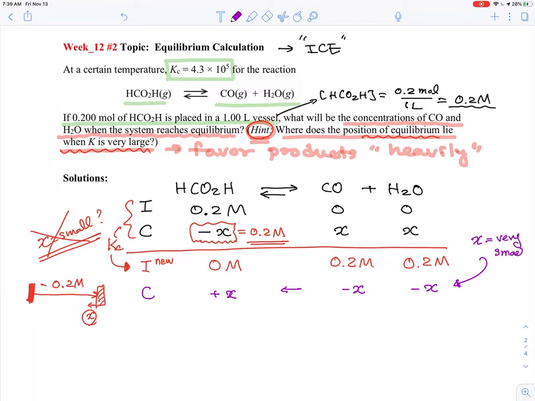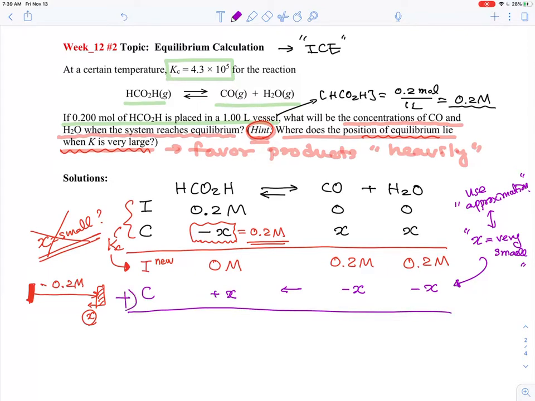When x is very small, we can use various approximations.